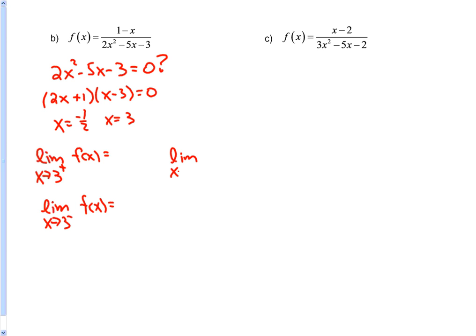The limit as x approaches negative 1/2 from the right. And the limit as x approaches negative 1/2 from the left. Again, we can use tables, or we can use the grapher to graph them.